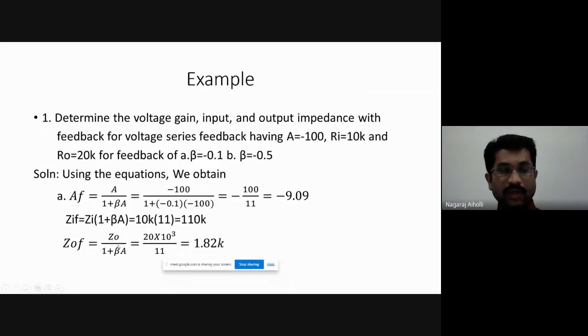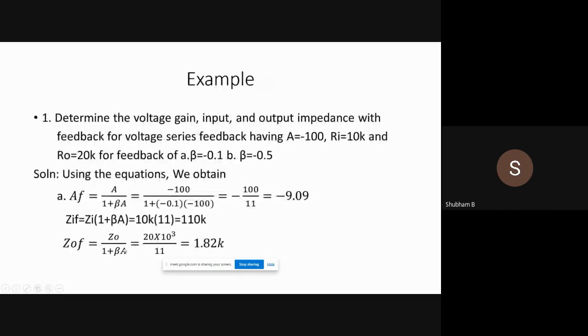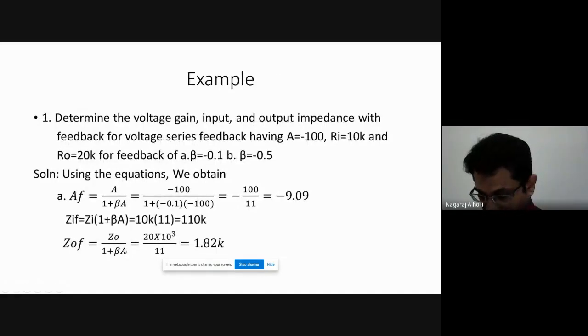Find out how much you are getting. Sir, 1.81 K. Correct, approximately 1.82 kilo ohms, right? It will be 1.82 kilo ohms.